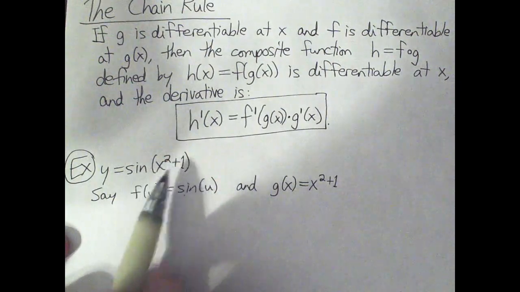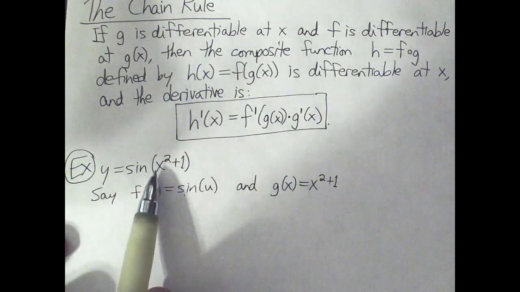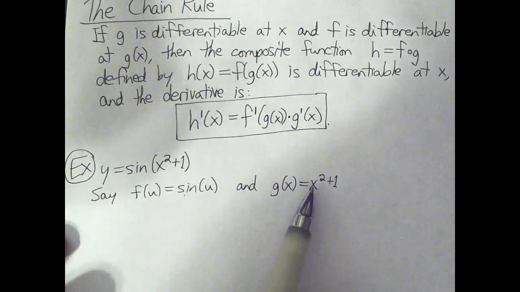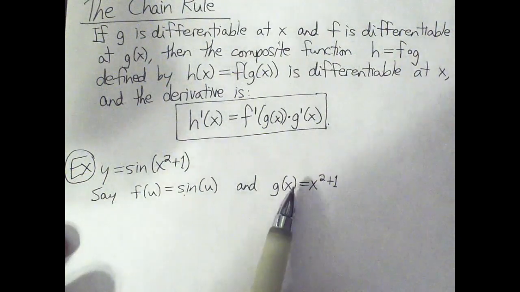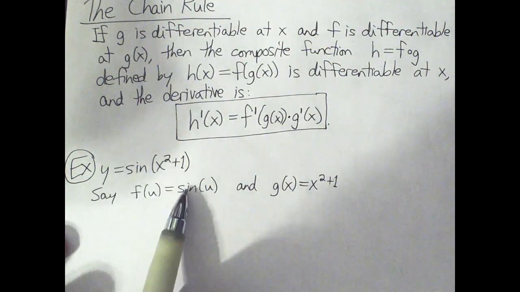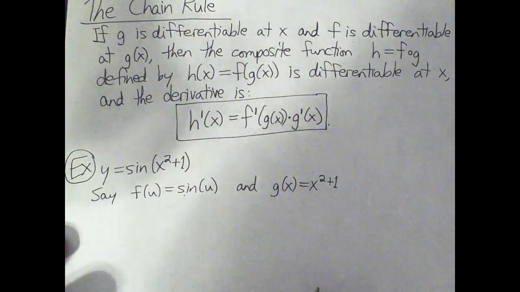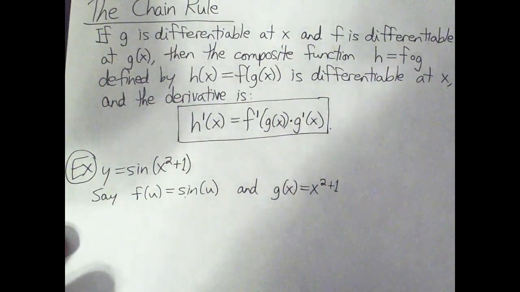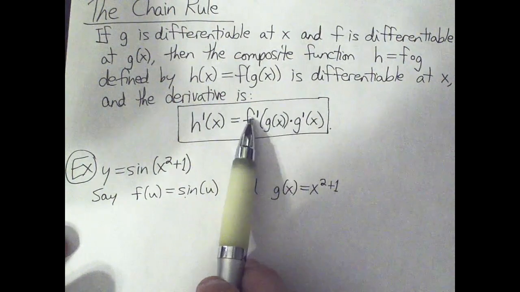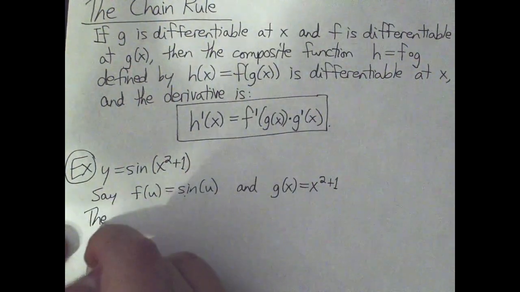The innermost thing, by order of operations, the thing in the parentheses, the x squared plus 1, would be on the inside. That's what we're going to let be g of x. And then the stuff on the outside, the sine, is going to be f. So in order to use the chain rule formula, we need to know the derivative of f and the derivative of g. So let's write them underneath.